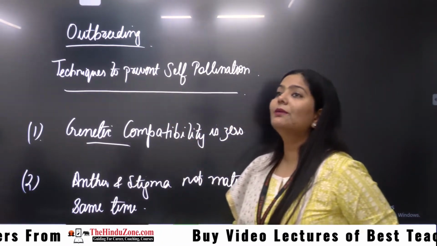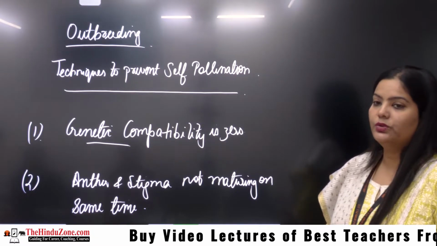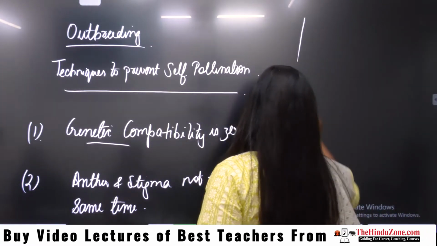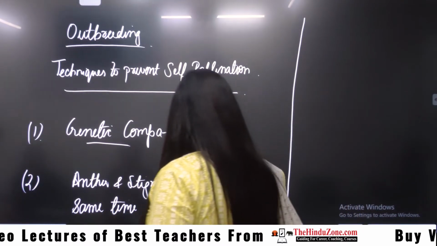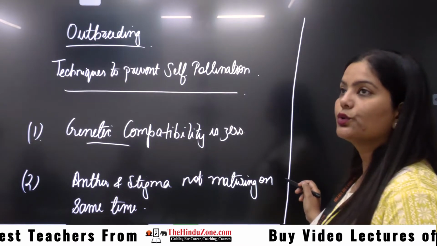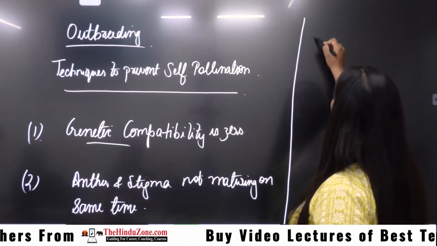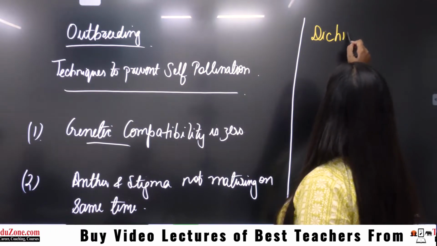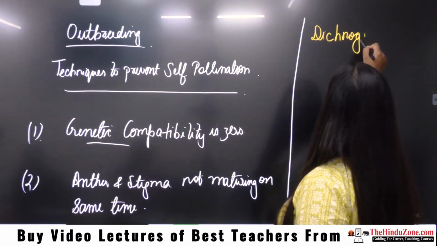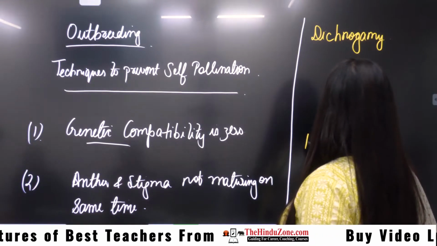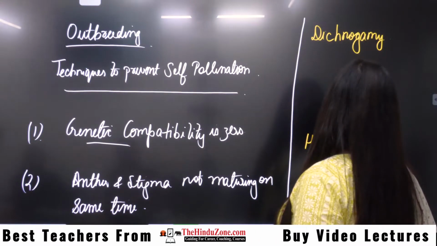There are some other ways also. ये आपको सीखना बहुत important है. NCERT is not giving the correct terminologies. उसको सीखिए. There are two methods. One is called dichogamy, and another is heterostyly.